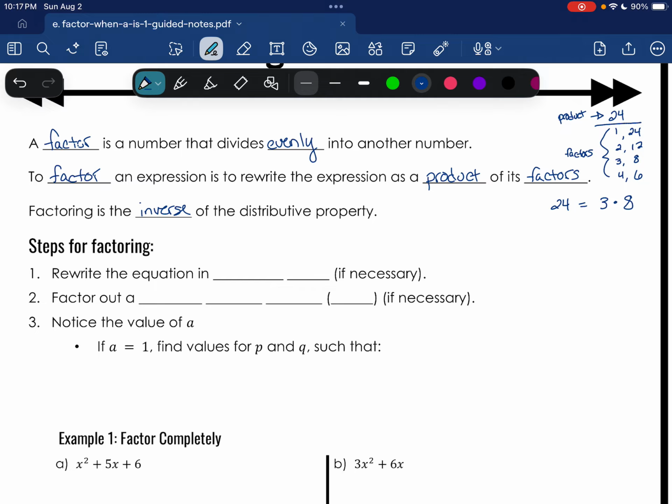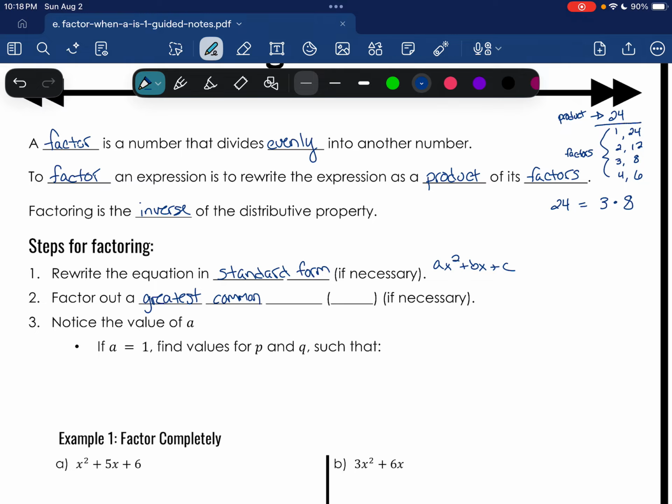So we're always going to make sure that our equation is written in standard form. Remember, standard form looks like ax squared plus bx plus c for a trinomial. Factor out a greatest common factor, or GCF, if necessary. So if there's something multiplying into all of your terms, make sure you factor that out to begin with.